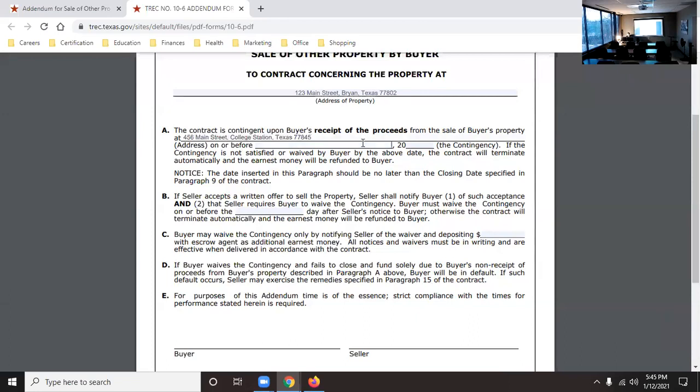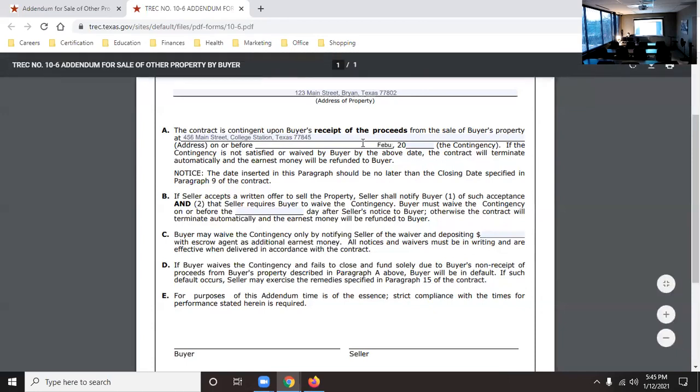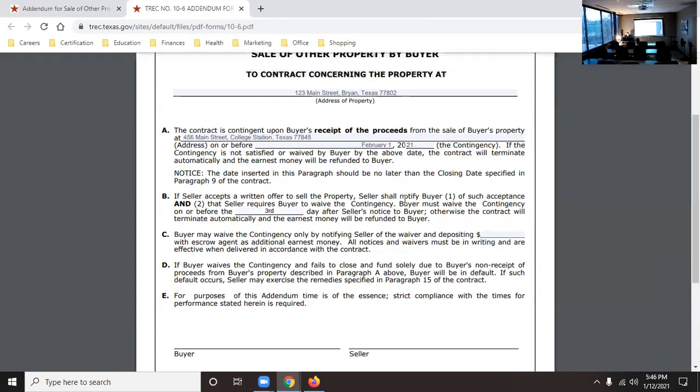However, in the contract, whatever you put as your closing date needs to be the date entered on this line. So if you're going to be closing, say, February 1st, 2021, and that's your closing date, then that closing date needs to match the date that's showing here, okay? They need to be consistent with each other. Now, down here, the normal standard is the 3rd day.